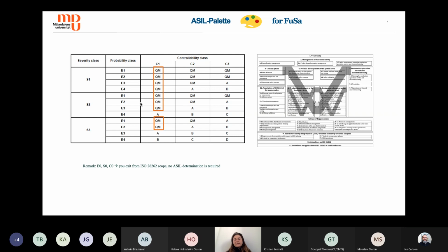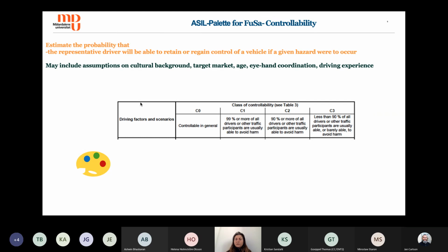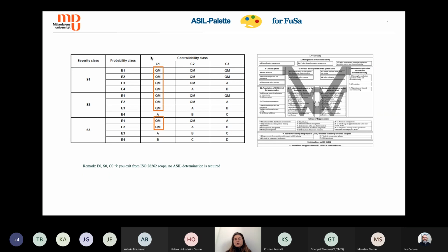Now, what I want to stress here is that if you choose C0, you do not even have to determine the ASIL. You just exit from the scope of ISO 26262. If you choose C1, you see here in this column that you have a lot of QM, which is quality management.